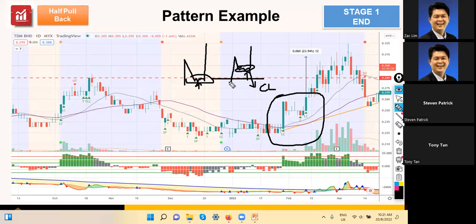The main thing I see in some members who lose money in the long term in the share market is that you don't set your cut loss correctly. And sometimes when it hits, you don't cut loss. You just let the stock go down and keep it for so long.